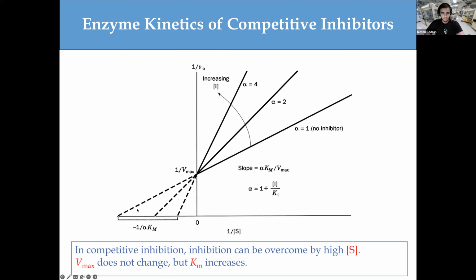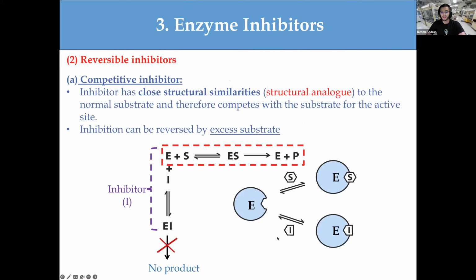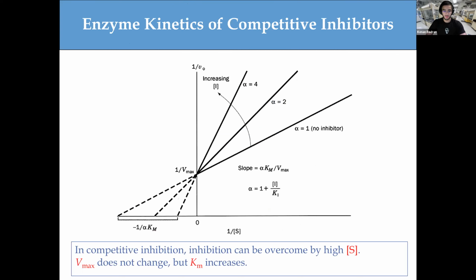Okay. And if you notice here, we said that Km increases. What did we say happens when Km increases? Its affinity decreases. And this does make sense. Why? If the enzyme is bound to the inhibitor, there's less enzyme available to react with the substrate. So there's now reduced capacity of the enzyme available in the solution or in the body.